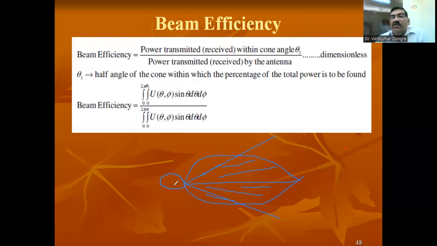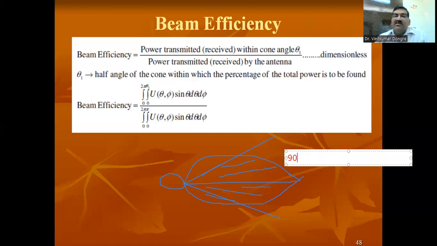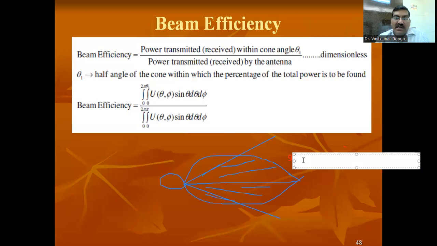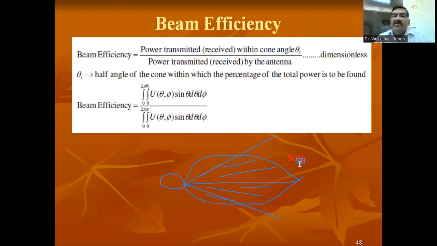This front lobe contains 90% of the power, and this back lobe contains 10% of the power.